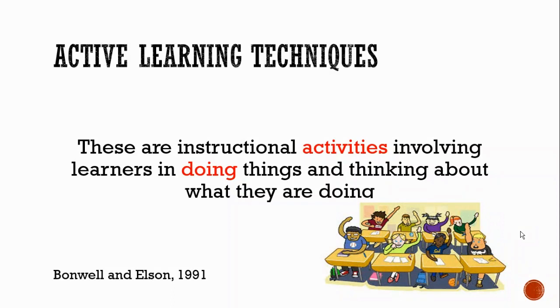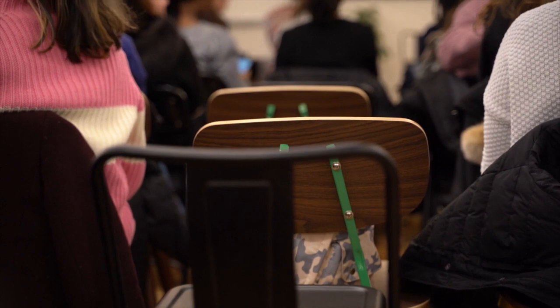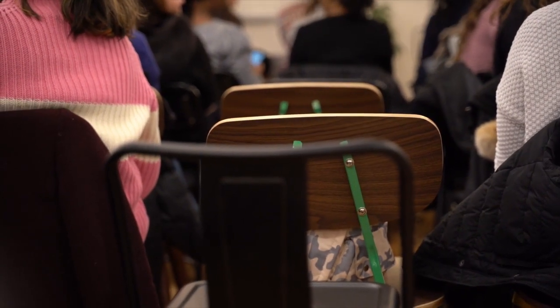So let's talk about active learning techniques. And it's good to understand what these techniques are. So when you're talking about active learning, these are instructional activities that involve learners in your class in doing something.